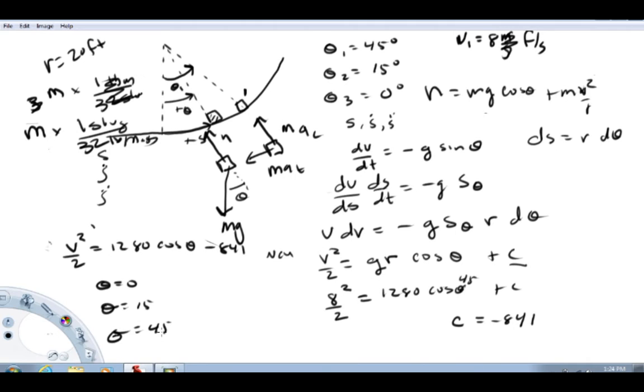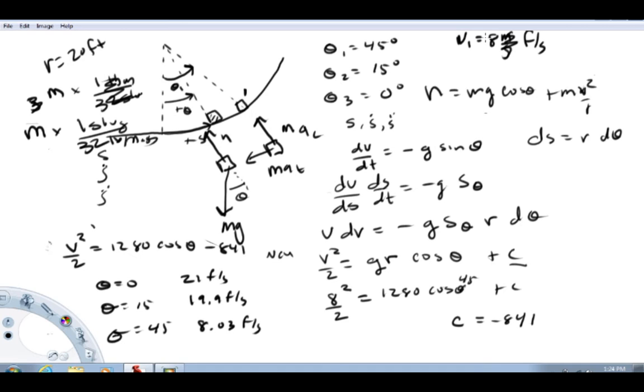And when I ran the numbers in this, I got about 21 feet per second for theta equals 0, 19.9 feet per second for theta equals 15, and about 8.03 feet per second for theta equals 45. Now the .03 is coming from rounding. There's been a little bit of rounding here and there throughout some of this. To two significant figures, this is 21, 20, and 8. 8 matching up with the initial conditions of the problem.